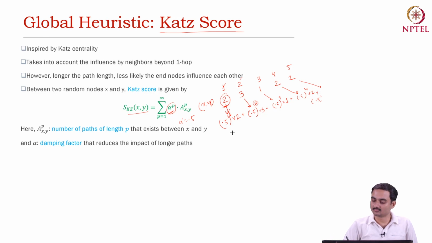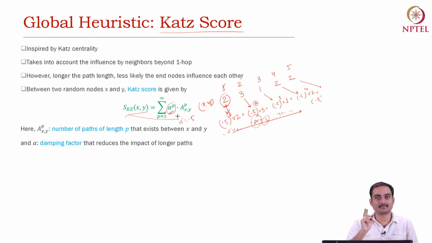As you move further, the contribution will also decrease. So, this is 0.5 times 2, this is 0.25 times 3, this is 0.125 times 3. Although you may have more number of paths, say 3, 2, whatever, the contribution will decrease, because now you multiply it by 0.25, then 0.125 and so on.